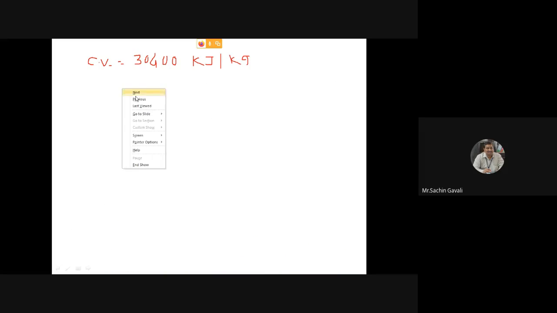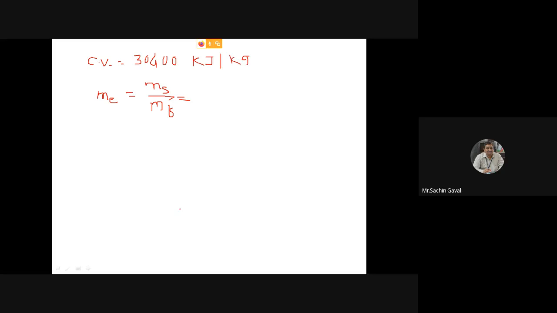Then what is ME? Evaporative capacity is equal to, we'll tell the formula. ME is equal to MS upon MF: mass of steam per kg per hour divided by mass of fuel burned kg per hour. And this is equal to, how much is MS?